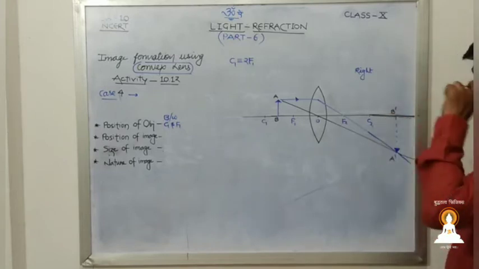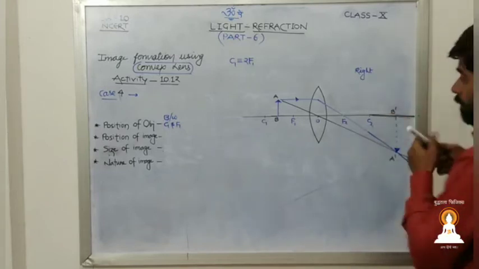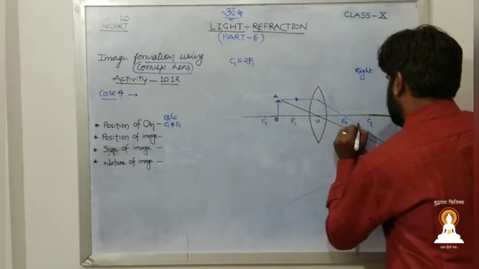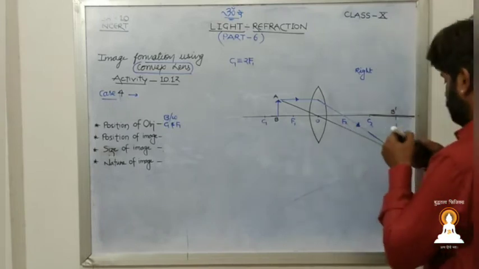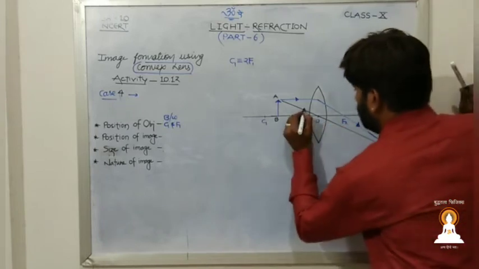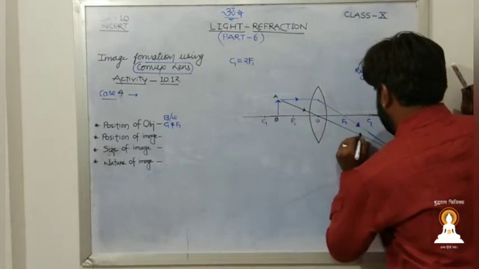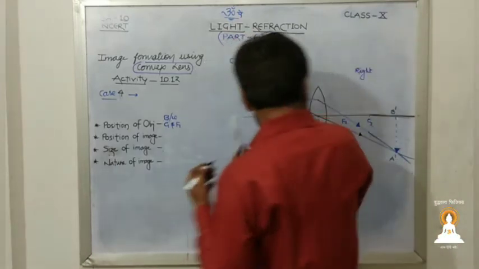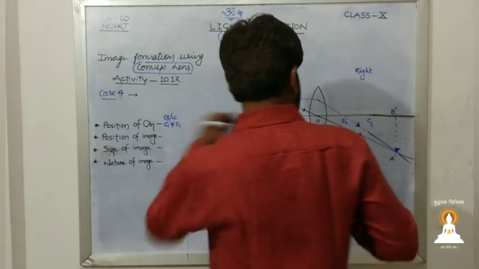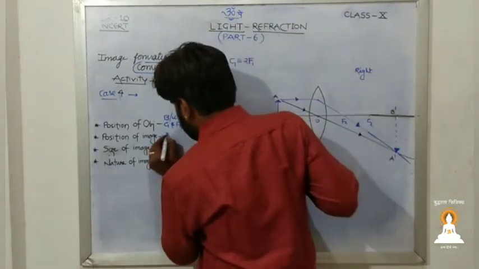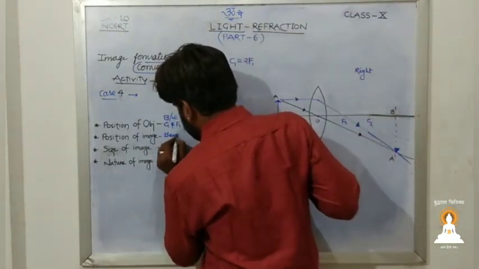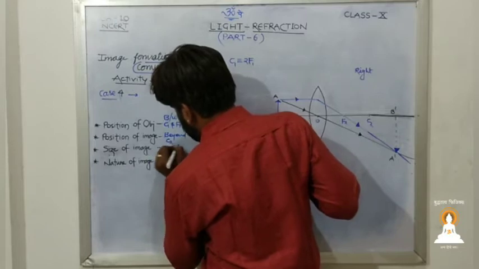So the position of the image will be beyond C2.